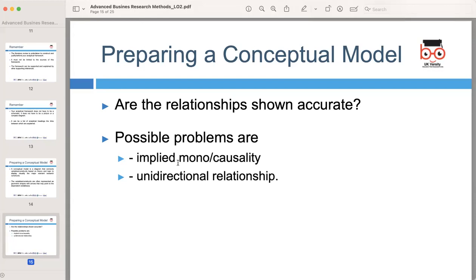This occurs when the influence or interaction between two elements is assumed to flow in only one direction. In reality, many relationships are bidirectional, meaning they involve influences between the elements in both directions. Neglecting these bidirectional connections can hinder our understanding of how the system operates as a whole.